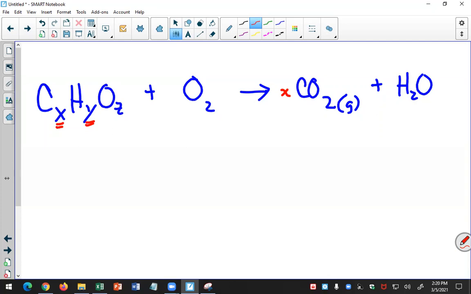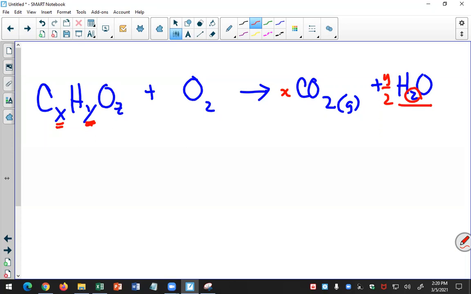What's the coefficient here? If this equation were to be balanced, y over 2, because there's 2 over here. So if I multiply y over 2 by 2, I get y. So this is balancing the algebra.